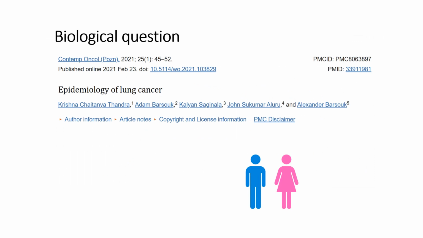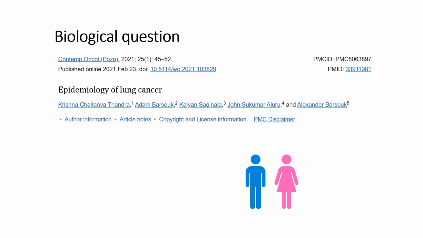Recent literature, such as the publication you can see in here, states that women might be more susceptible to lung cancer and indicates that there is a higher rate of lung cancer in non-smoking women compared to non-smoking men.